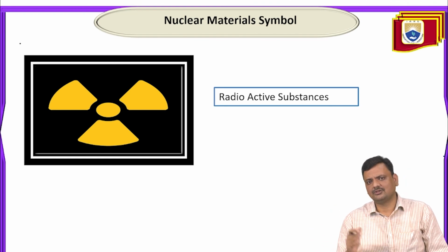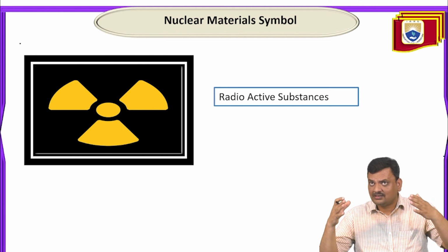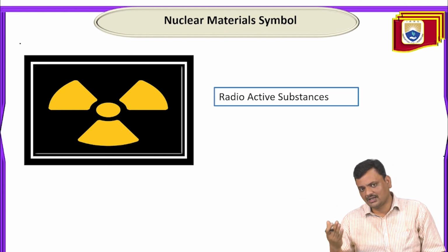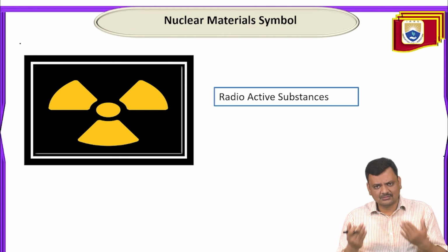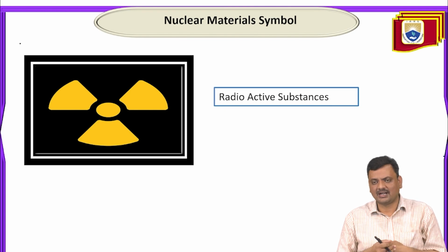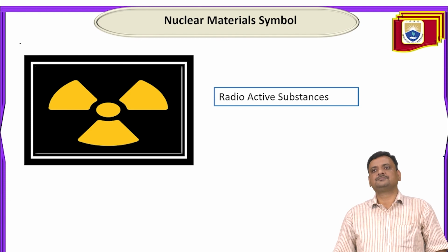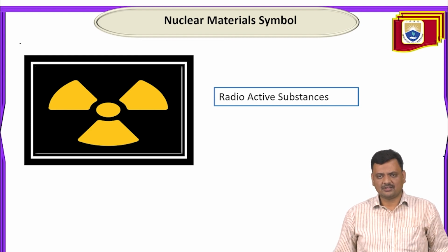What type of material is used for the cooling process, and what the structure of that nuclear reactor should be, so that we can utilize it in a more efficient and safer way. All these things come under this nuclear materials course. We will deal with all these things in our upcoming lectures. So this is the very first video lecture on the topic nuclear materials.